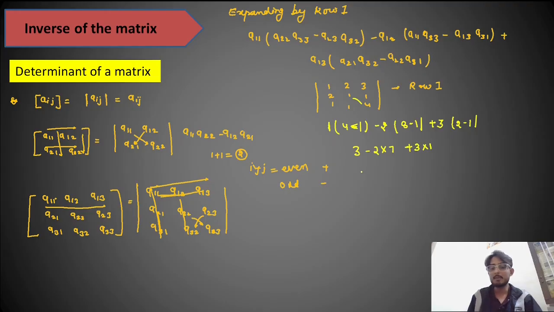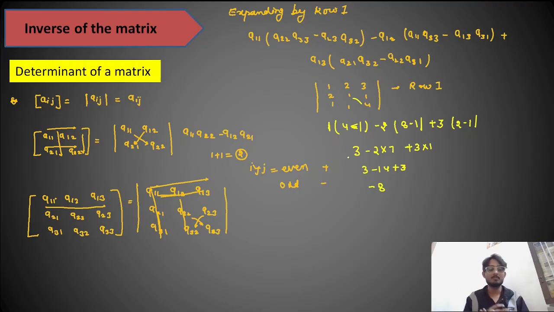So 3 minus 14 plus 3. Adding 3 and 3 gives 6, and 6 minus 14 gives minus 8, because the negative number is greater than the positive number, so the sign is negative. This is the determinant. Now you have understood the concept of determinants.